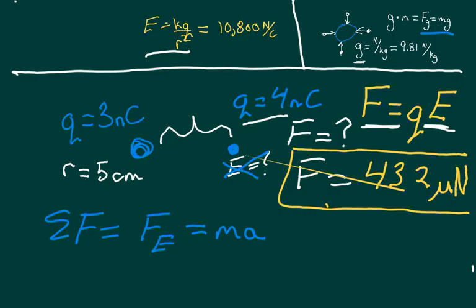So if we knew the mass of this object, we could then calculate the acceleration, and it would probably be very large for such a small mass. It would probably give us a huge acceleration, even though our force isn't that large.